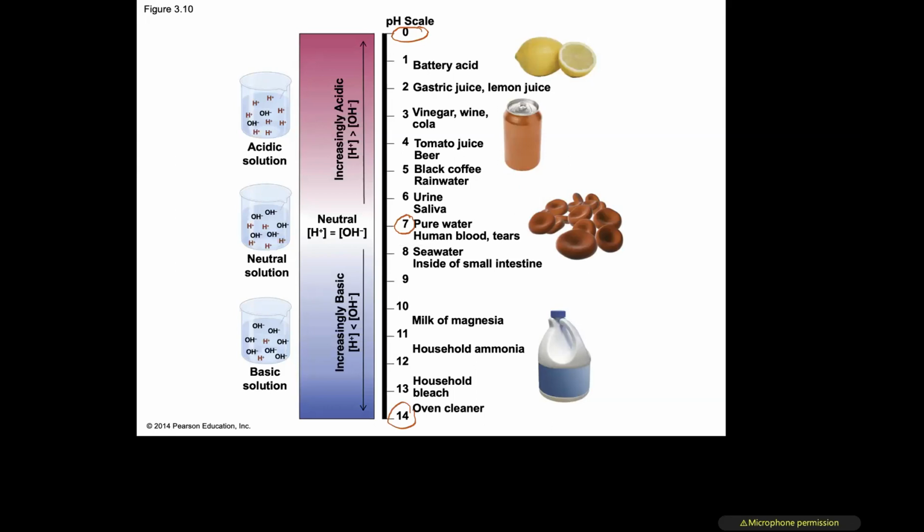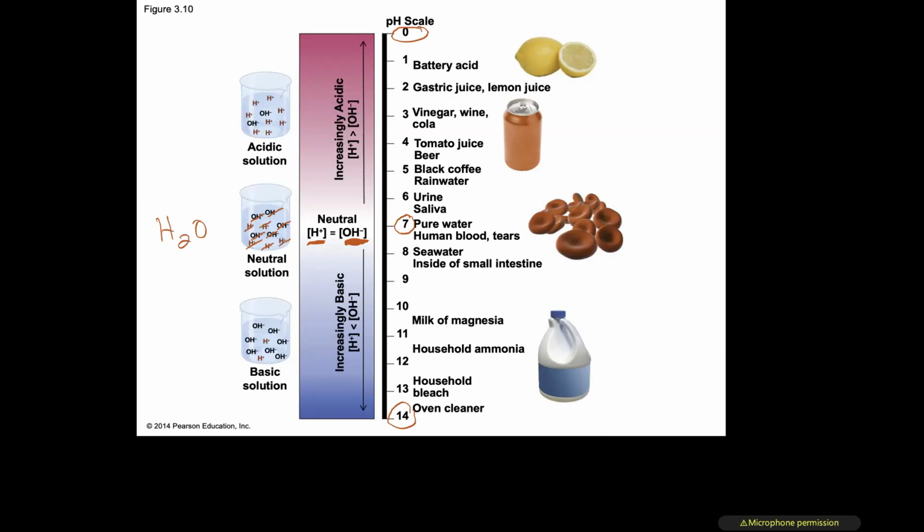The reason why it's pure water is because the number of hydrogens in a solution is equal to the number of hydroxides in the solution. Look at the solution to the left and count them out. Let's count the hydrogens: 1, 2, 3, 4, 5. 5 hydrogens. Count the hydroxides: 1, 2, 3, 4, 5. So you get them all together and they make water. All those hydrogens and hydroxides make perfect water.